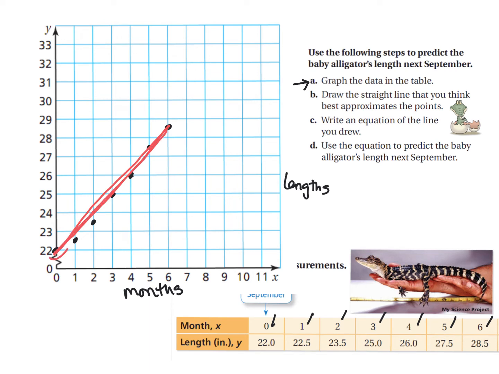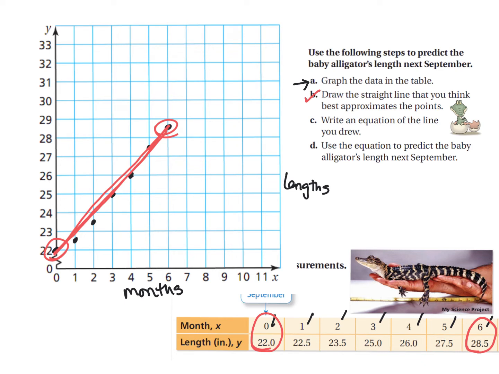I'm going to use this first point and the last point. So I'm going to use (0, 22) and (6, 28.5) as kind of my points. And you should always try to include some of the data points on your line. It will make it easier to figure out the slope and that stuff. So now we're done with letter B where we drew our straight line to the best of our ability.